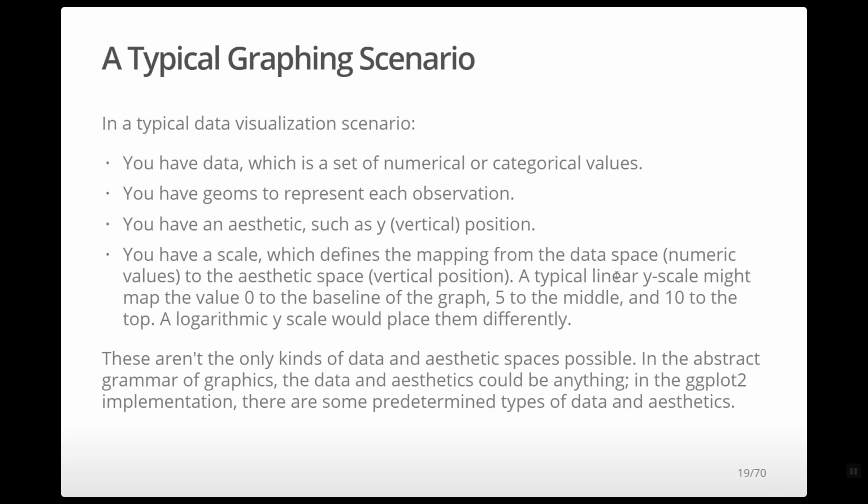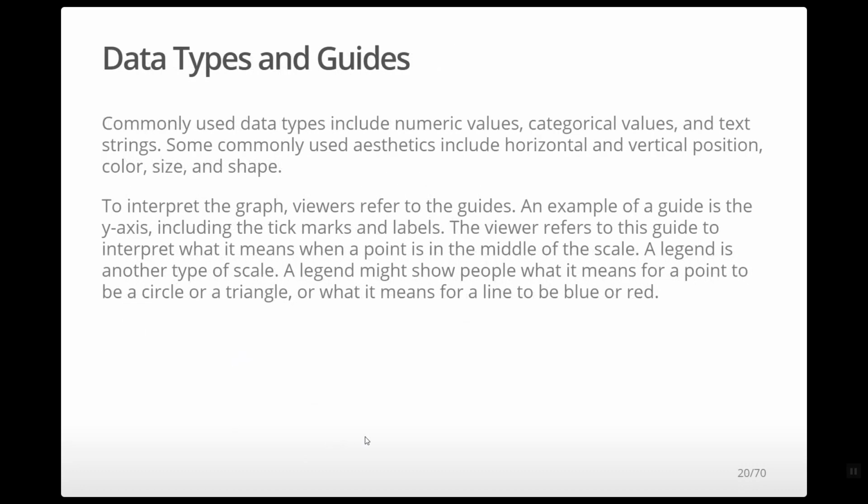We need to say, how do we go from the numbers to the vertical position? And so a linear scale might say, okay, well, if the smallest value is 0, that's going to show up at the bottom. The biggest value is 10. We're going to put that at the top, and 5 would go in the middle. But someone else could say, well, these are earthquake things or whatever. I don't know. We need like Richter scale, logarithmic type things. These are all different things that go on.